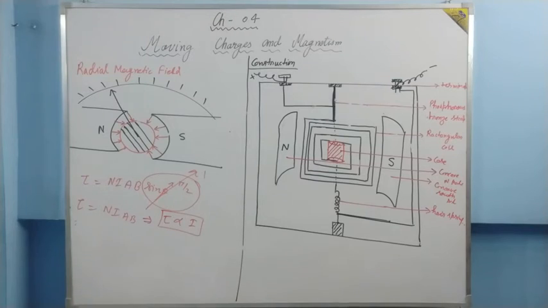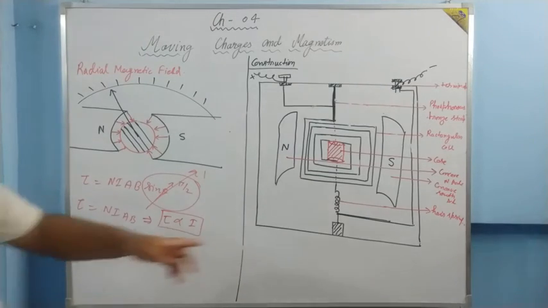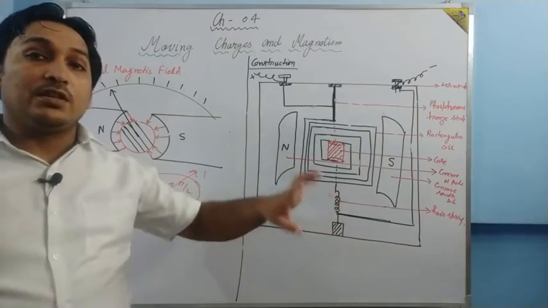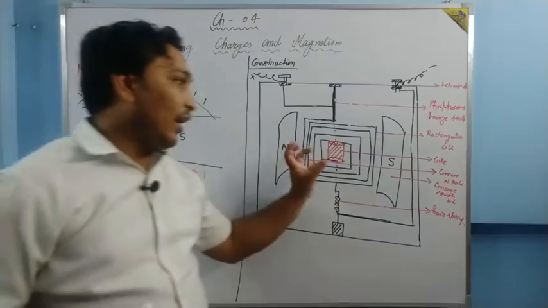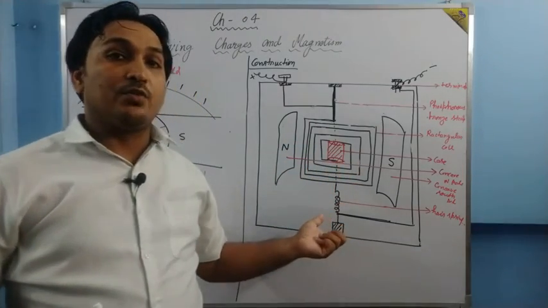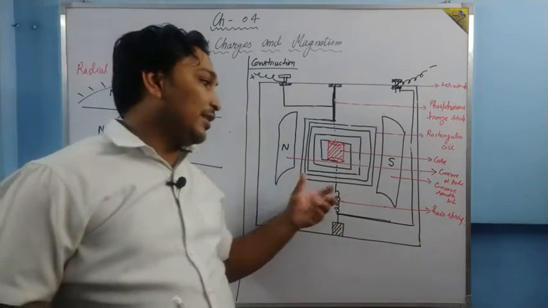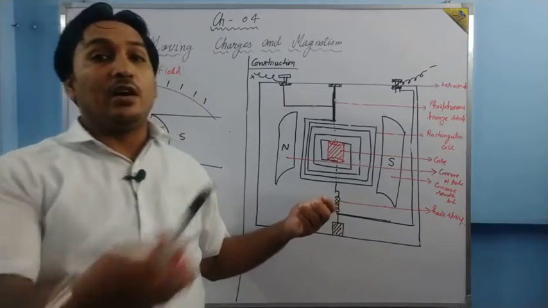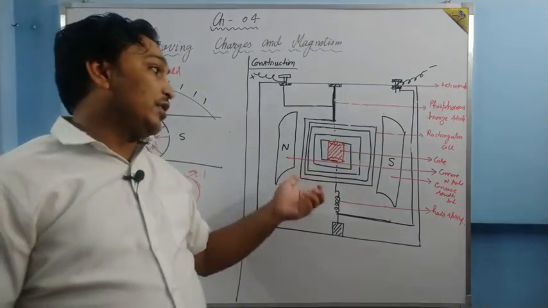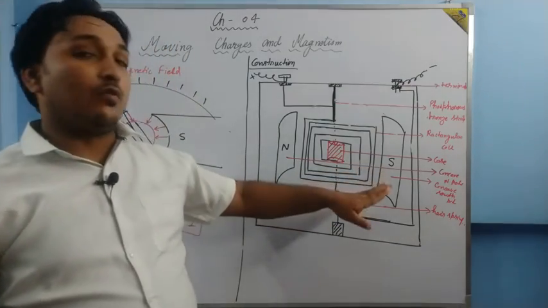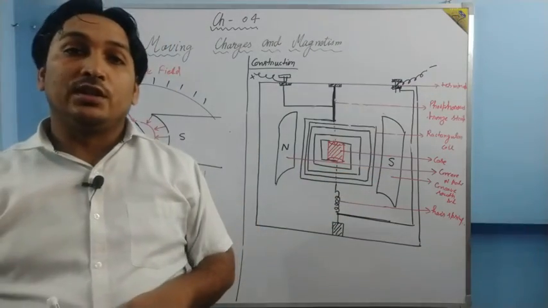But there is a spring also, and the spring exerts a restoring torque, because when this coil rotates, the spring gets twisted, and it applies an opposite torque which tries to bring the coil back to its initial state.